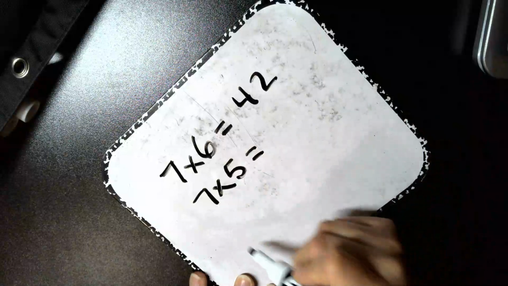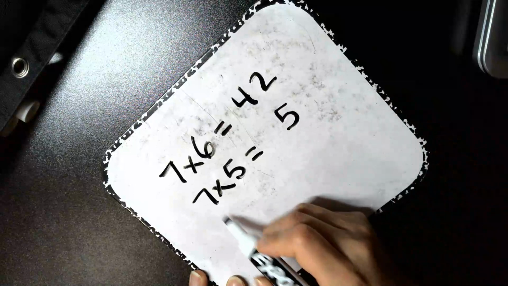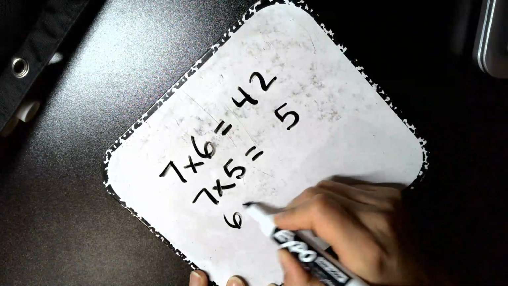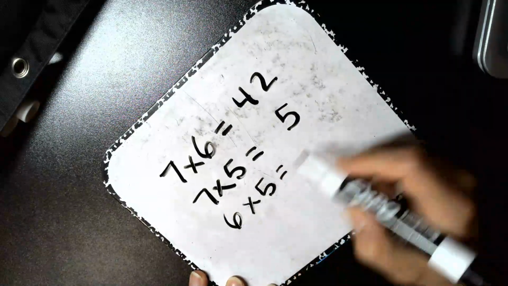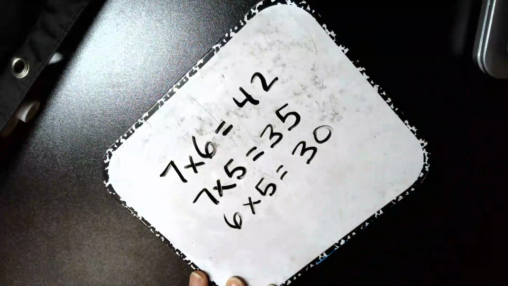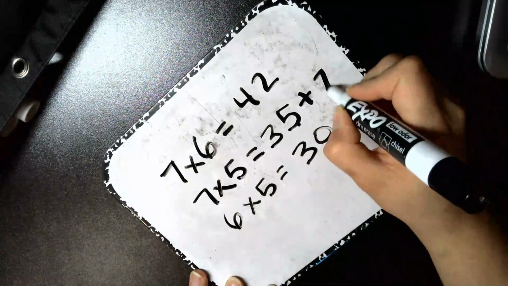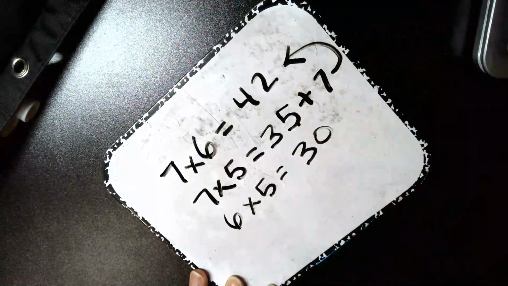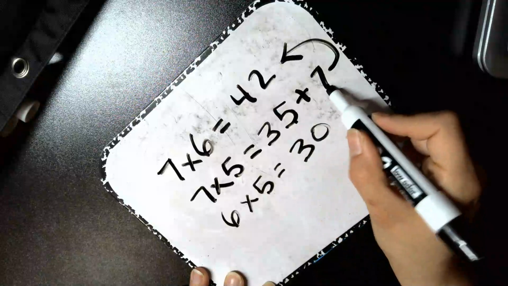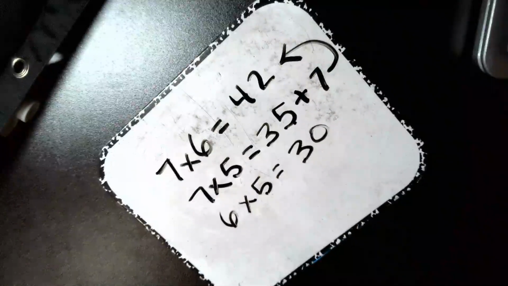And you know, wait, this is an odd number, so it has to end in a 5, and the one below it is a 6, and 6 times 5, half of 6 is a 3, so then this is a 3, okay? So 35, and then you add 7 to 35, then you'll get the 42. So if you know your 5's, you can still add and get to your 6's, okay?